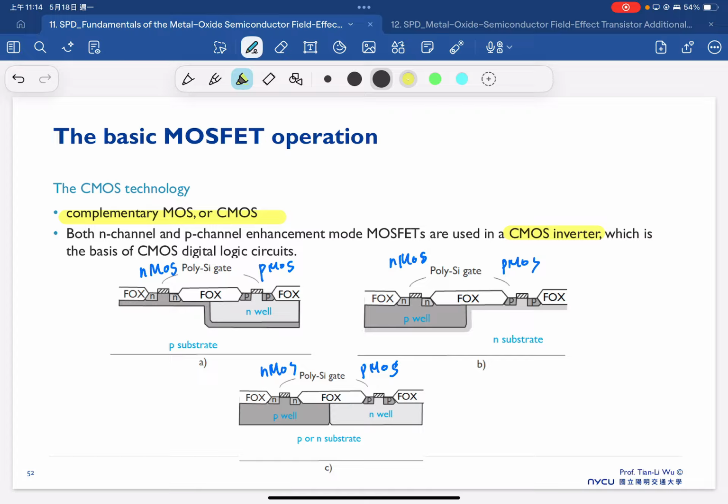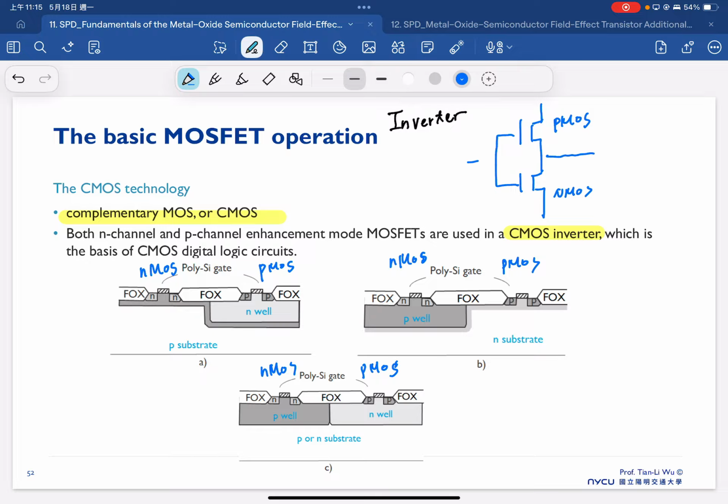So the typical inverter has this kind of circuit connection, where we have a PMOS and an NMOS. The top one is typically a PMOS, the bottom one is an NMOS, and we connect the gates together and the outputs together. So we have one V in, one V out.